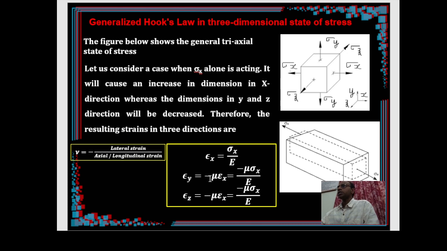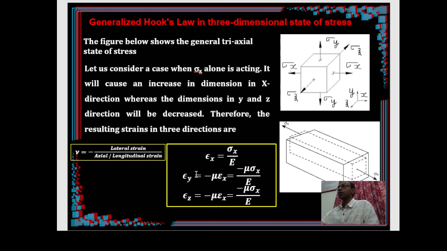Substituting for epsilon x, you get this relation: minus mu times sigma x by E. Your lateral strain in the z direction due to the longitudinal stress in the x direction is epsilon z equal to minus mu times epsilon x, right? Because of this extension there will be a contraction in the y and z directions. That is what we call the Poisson effect.